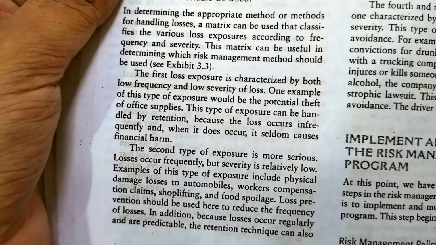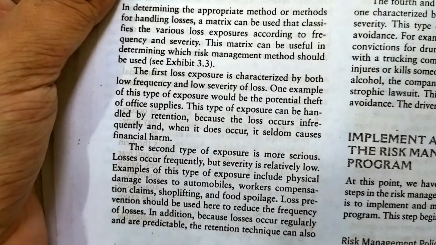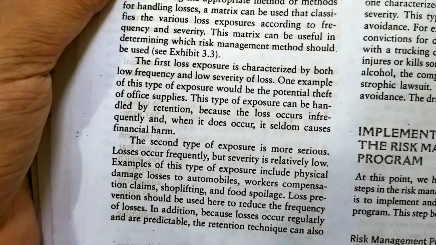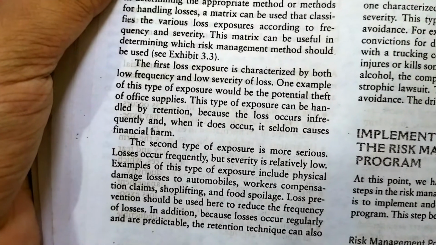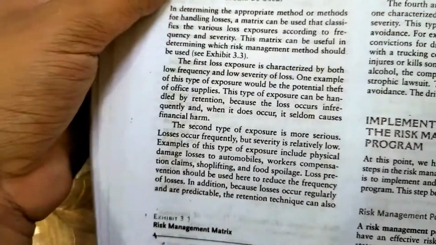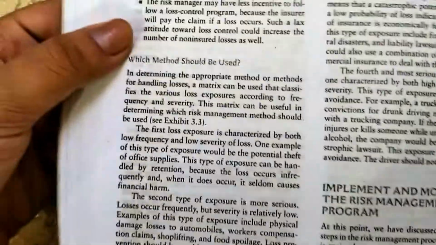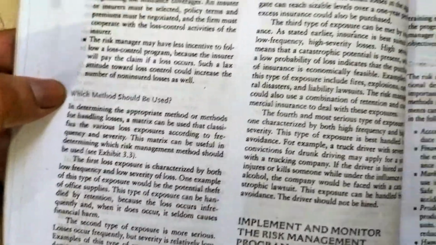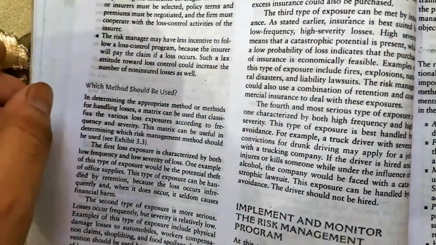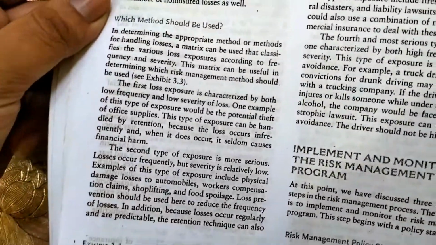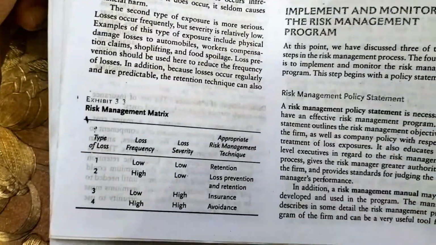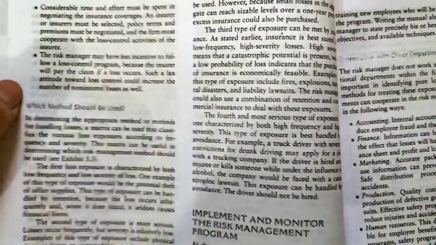This type of exposure can be handled by retention because the loss occurs infrequently, and when it does occur, it seldom causes financial harm. So here is the method that should be used. It is briefly explained, so when you read this book, you should read this. Here is the risk management matrix. So that is today's topic.